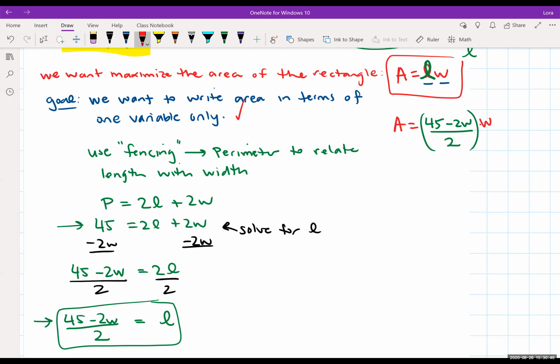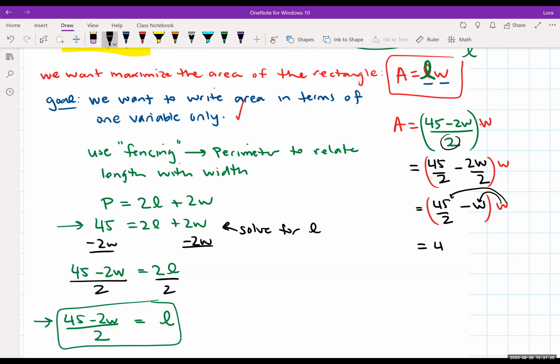You could play around a little bit if you're interested in saying, well, I do know that I am dividing by a monomial, so I technically have 45 over 2 minus 2W over 2, still multiplied by W. So 45 over 2 is just a number. 2W over 2 is just minus W, still multiplied by W. And now if we were to distribute that W, you'd actually get 45 over 2 times W minus W squared, and that is the area.